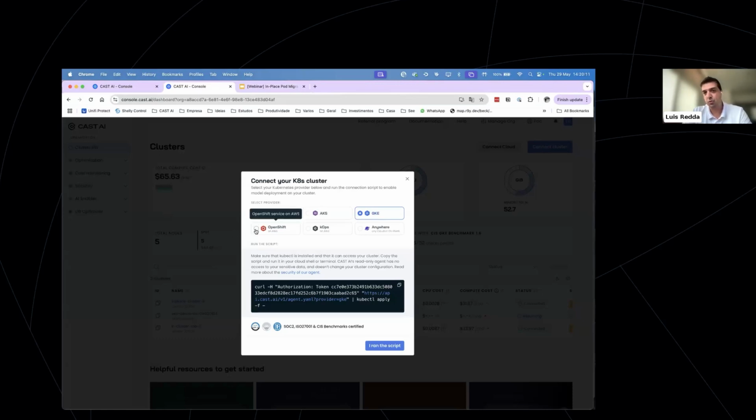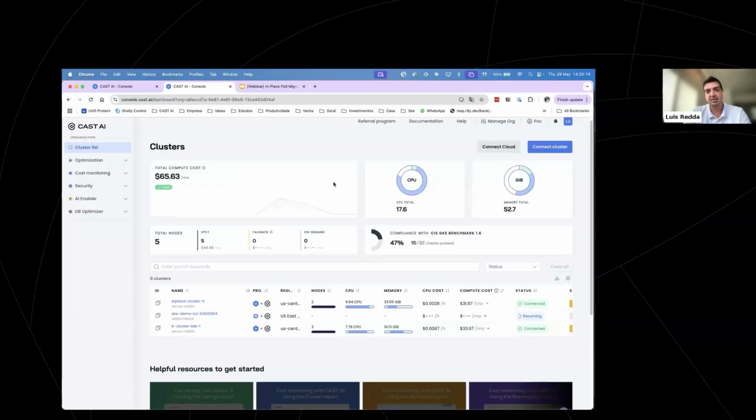We support any Kubernetes distribution in the market today. In a few minutes, you are going to have a savings report showing the savings that you can have and which strategies you can use, right? This is very, very quick and takes like 5 minutes. I also have my agent in place in our cluster.